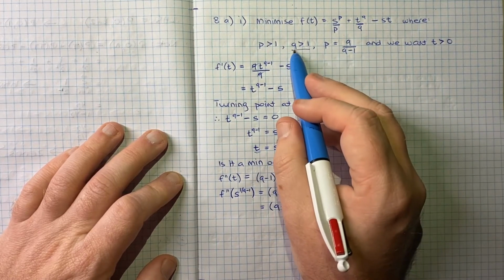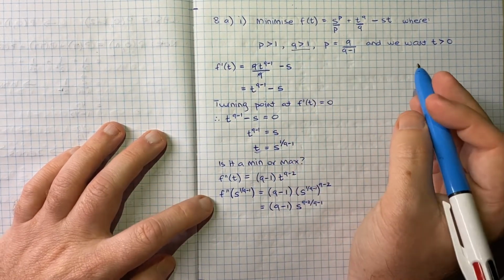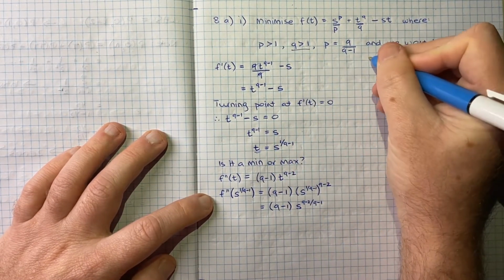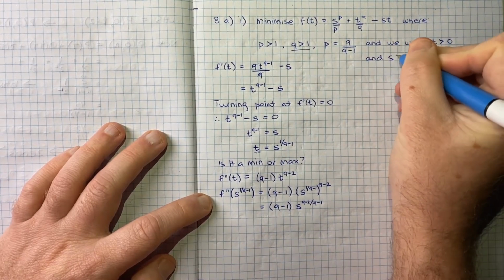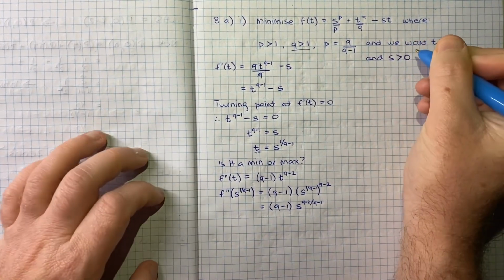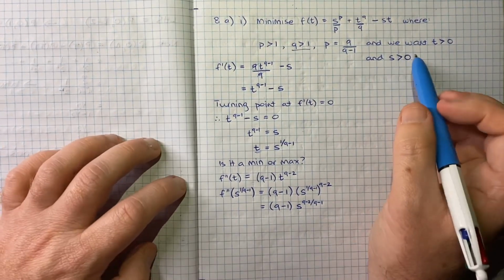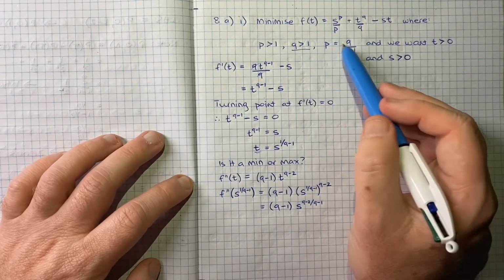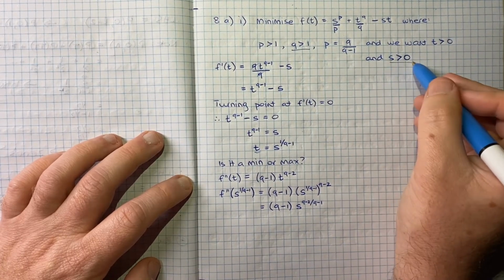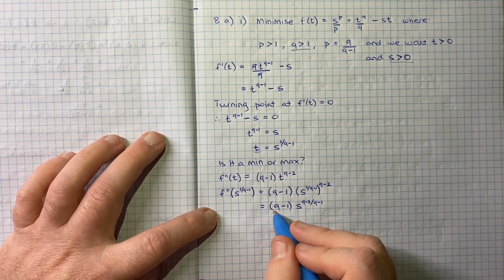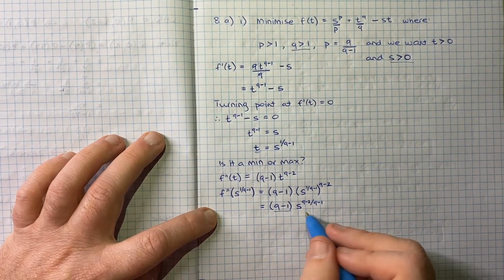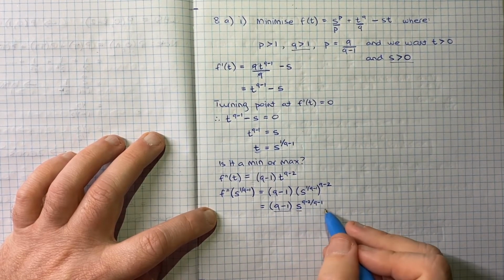Actually, I think in the question we're told s is greater than 0. Let me just double check the question. Yes, we're told P, Q, and S are all fixed and positive. So we've got q minus 1 positive, and s positive.